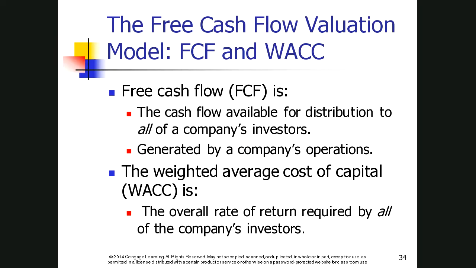The weighted average cost of capital is the overall rate of return required by all of the company's investors. Remember, part of the company's financing comes from equity, and part of it comes from fixed income or bonds.